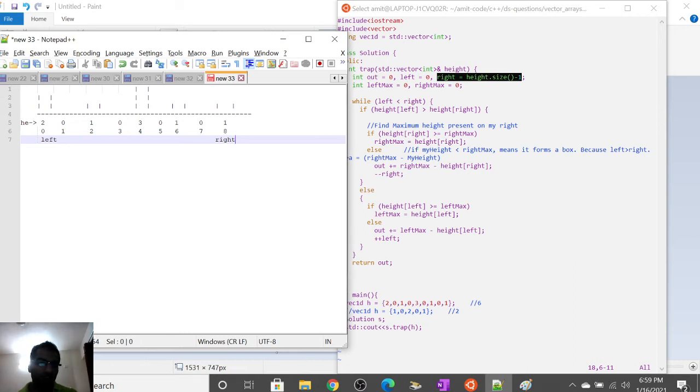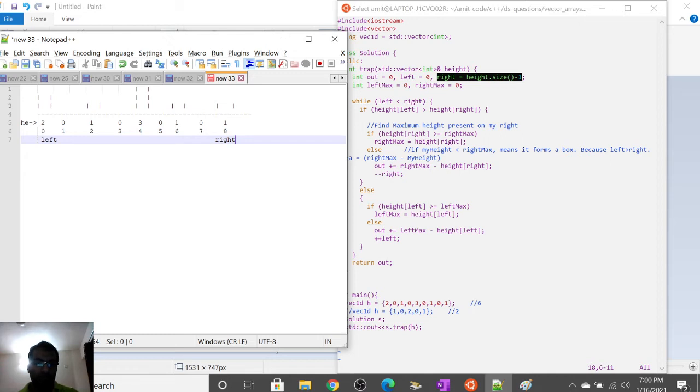In this case, the taller building is on the left, sorry. The taller building is of height 2 and the smaller building is of height 1. So we'll start from the right, because we know that whatever buildings come here, water can be trapped here. Let's not consider the in-between buildings, so we'll start from here.